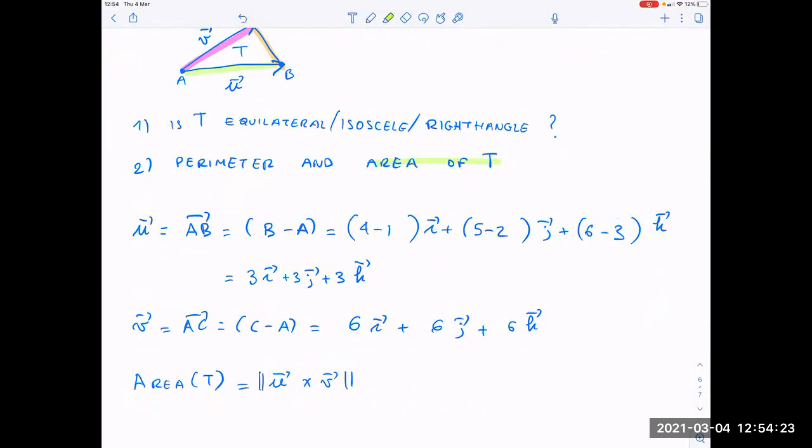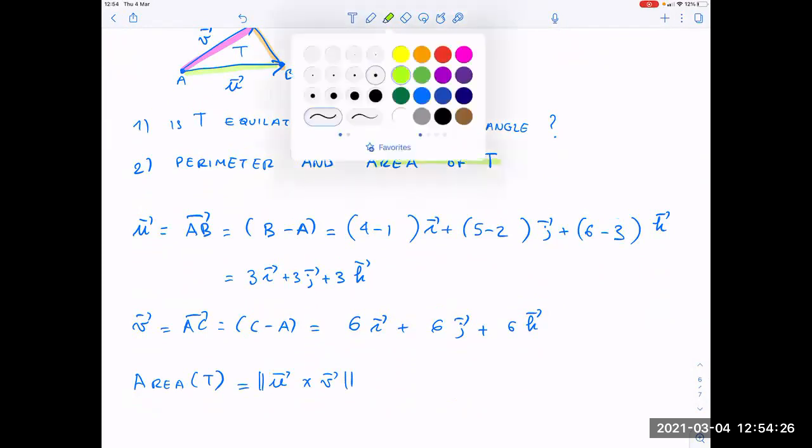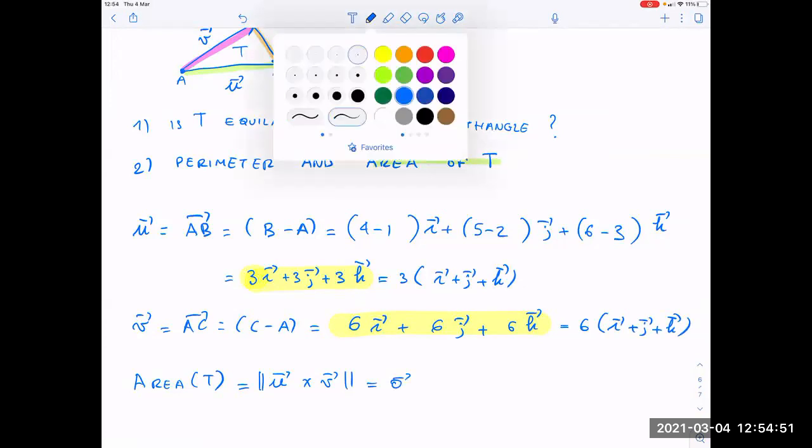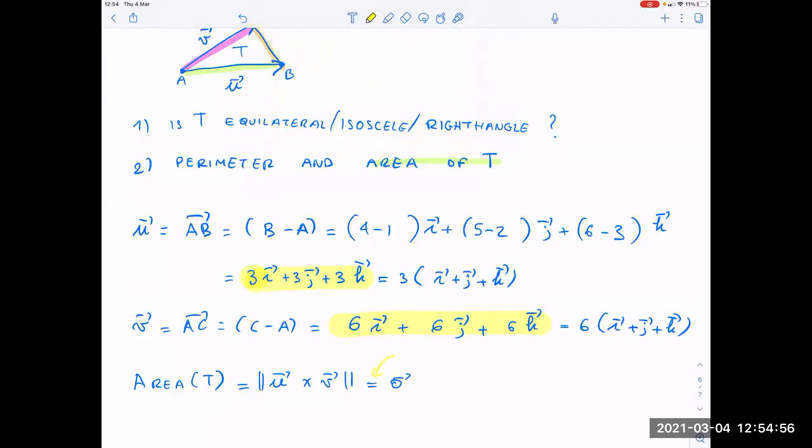But just take a look at the vectors that we are looking at now. I hope you see that they are special. This is 3 times I plus J plus K, and this is 6 times I plus J plus K. So they are parallel, and so the cross product is 0 because U is parallel to V.